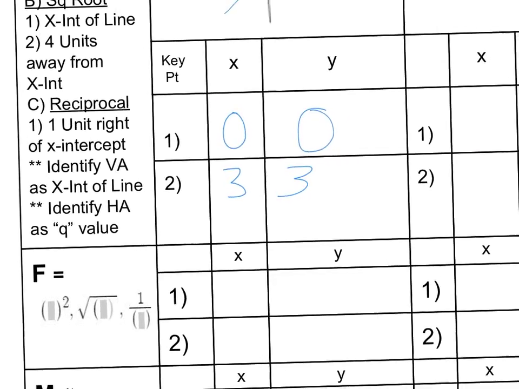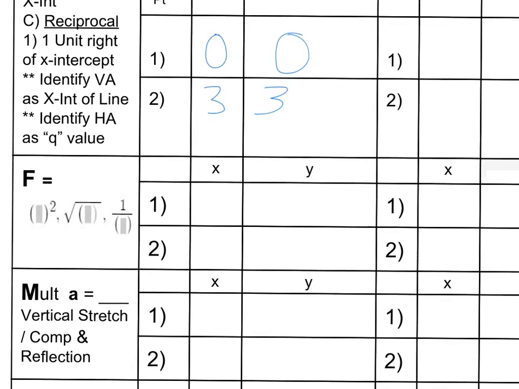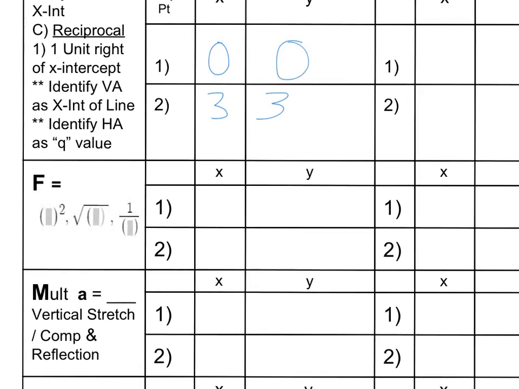So there's the first table, and now I'm on to the function rule. The function rule says for this one I'm going to square. I know my key x values are 0 and 3, but I take this 0 and I square it. 0 squared is 0. There's no change. That's called an invariant point, not varying. And then I have to square 3.